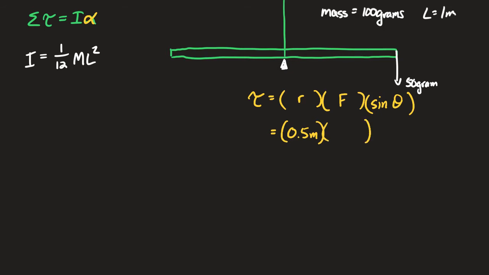Well, the m in this case is 0.05 kilograms, and g is 10. And lastly, assuming it was started level, it'll be the sine of 90 degrees.